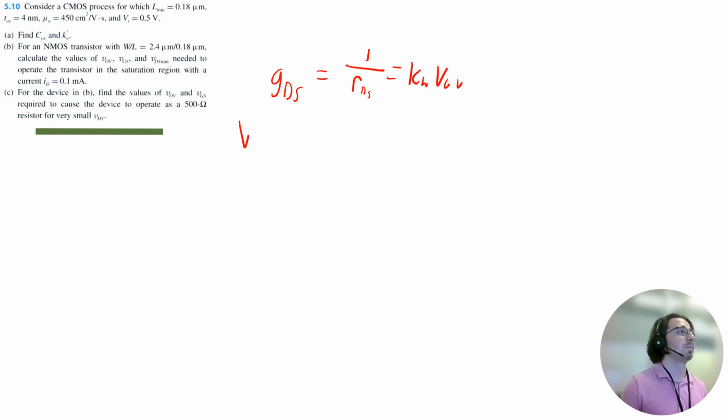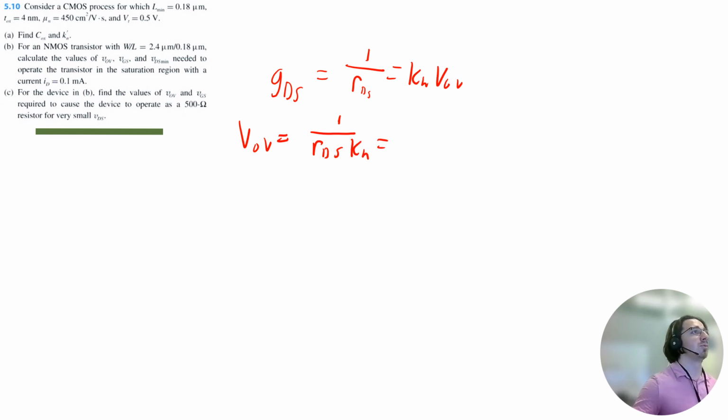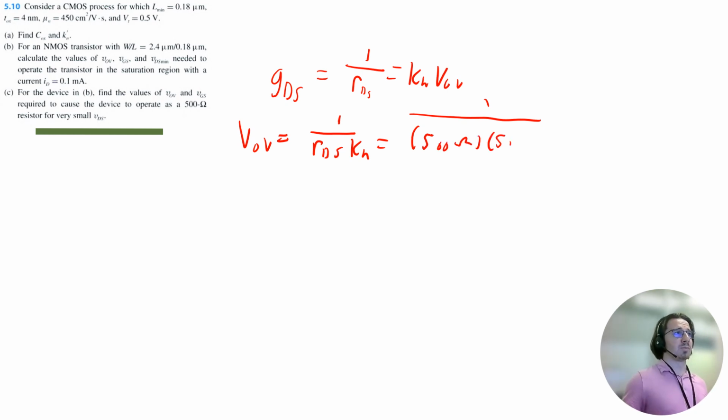So therefore, V overdrive is equal to 1 divided by my resistance times Kn, which is equal to 1 divided by 500 ohms times my Kn, which from part B was 5.17 milliamps per volt squared.